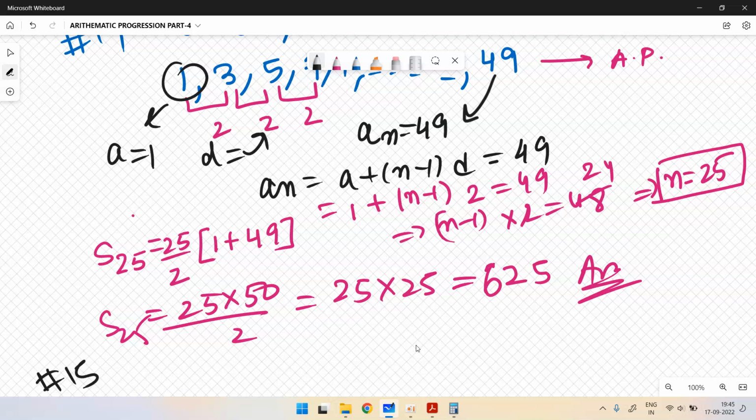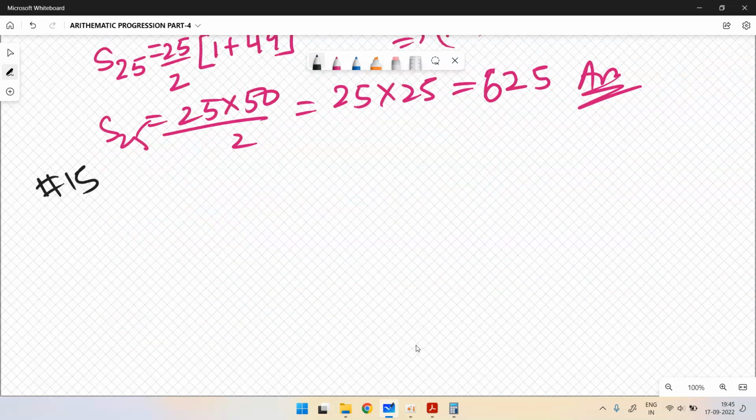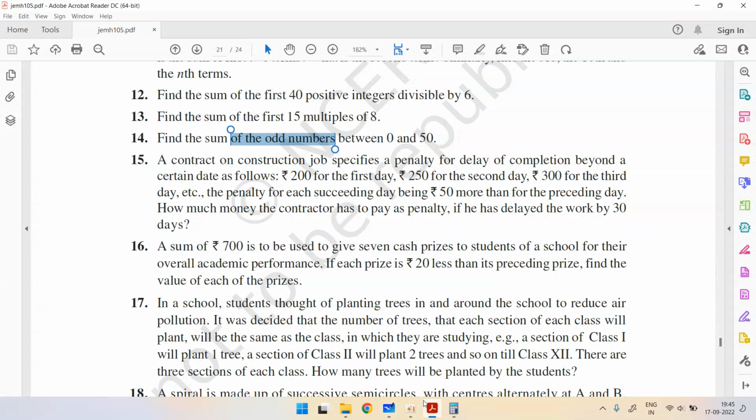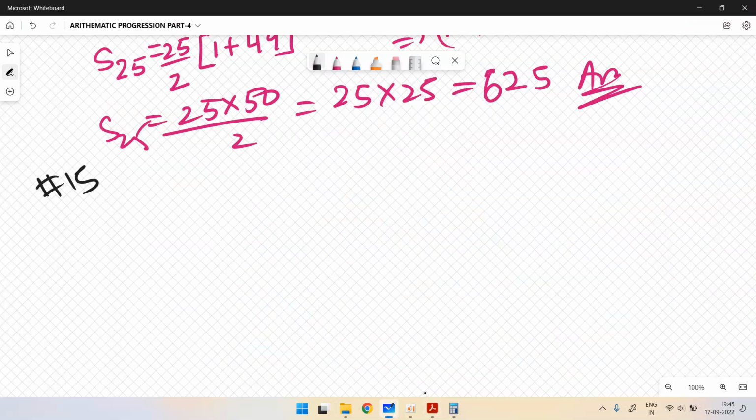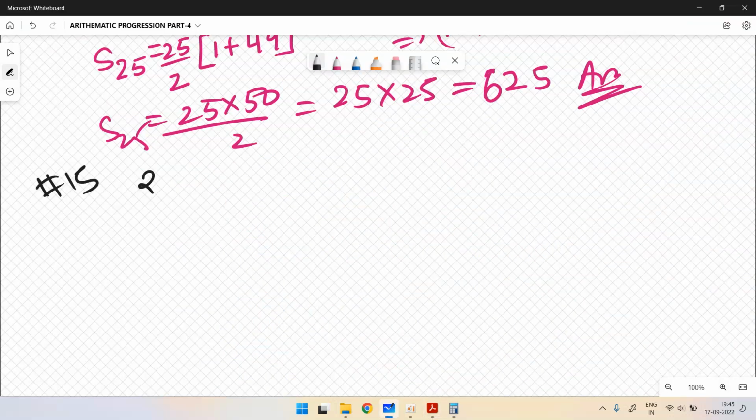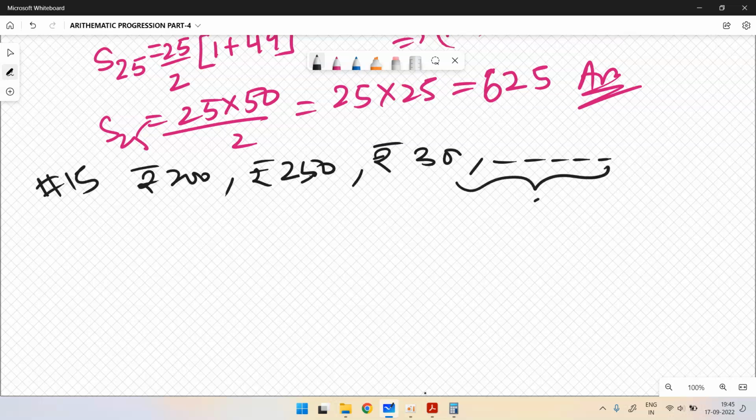The penalty rates start from 200 rupees, then 250 rupees, then 300 rupees, and so on. Given that the delay is for 30 days, there will be 30 terms.